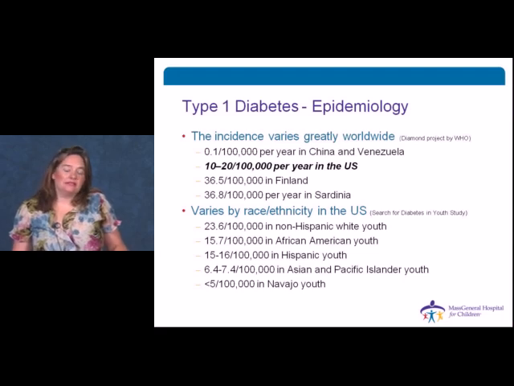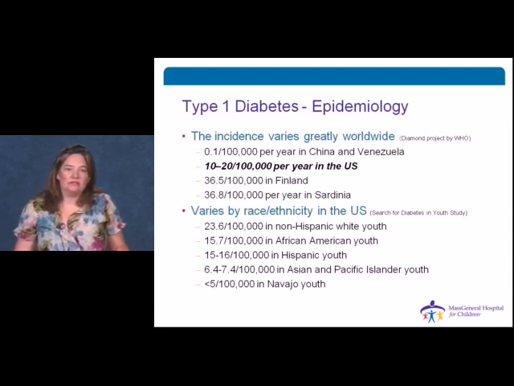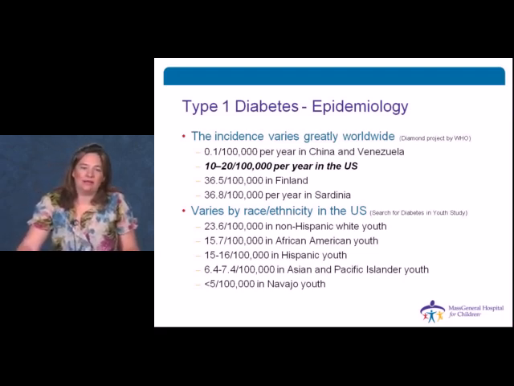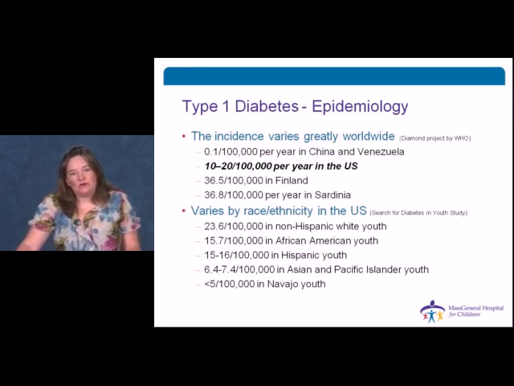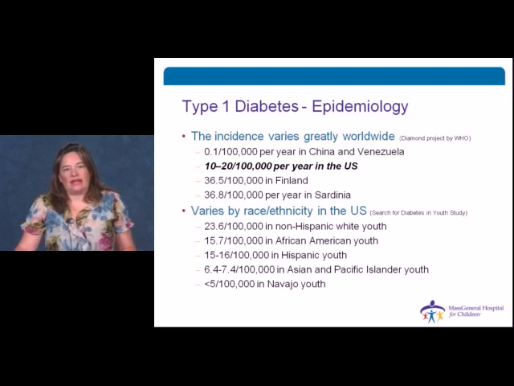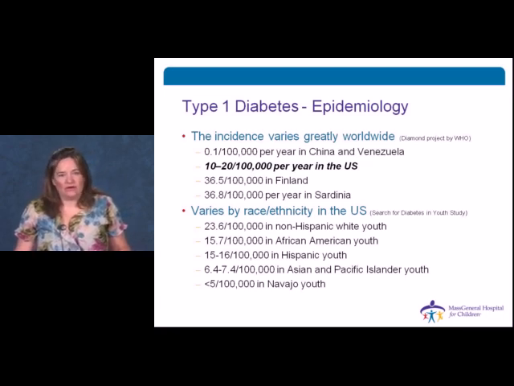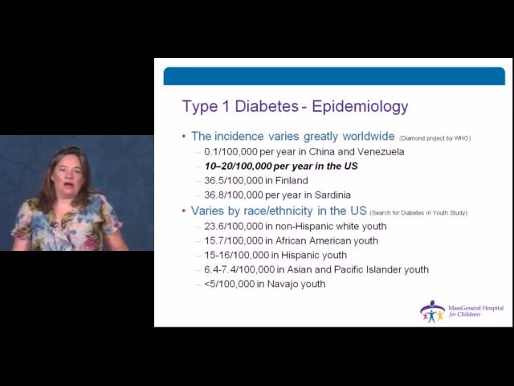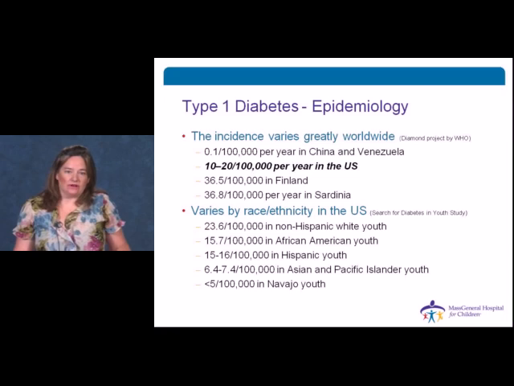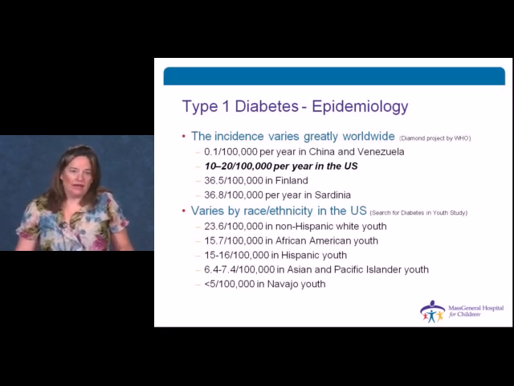The incidence varies greatly worldwide. The U.S. is about in the middle, matches Canada and most of Europe, with an incidence of about 10 to 20 per 100,000 per year. Some countries, China and Venezuela particularly, are lower. Finland and Sardinia have a known high incidence rate, most likely due to a genetic founder effect.